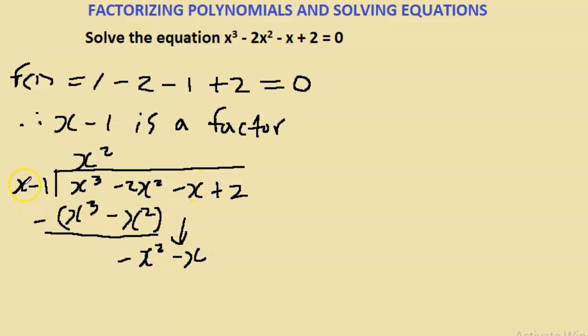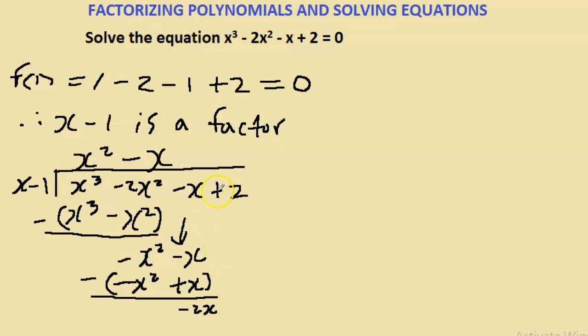We'll divide again. So we say x into negative x squared, that's minus x. And then we multiply across now. Negative x times x, sorry, that's negative x squared. And negative x times -1, that's positive x. Alright, we subtract. When you subtract, these cancel. What you have now is minus x minus x, that's minus 2x.